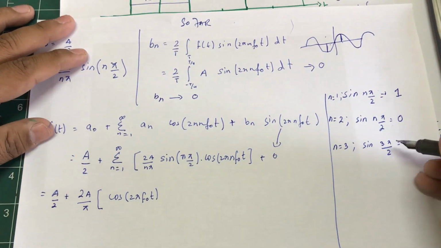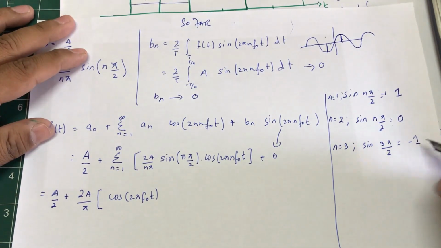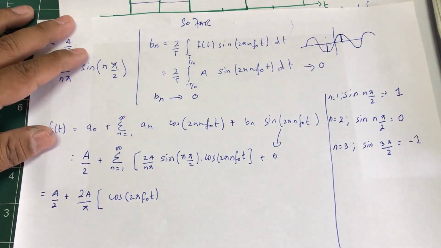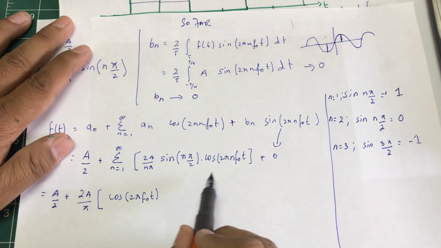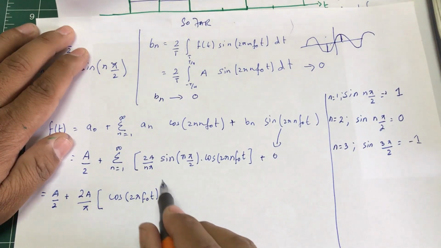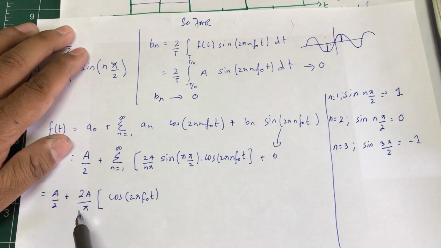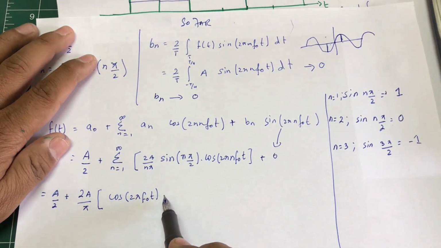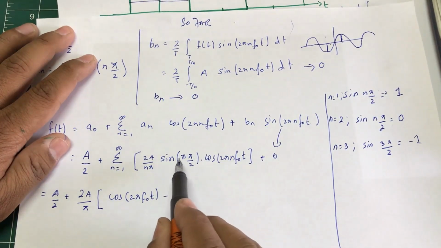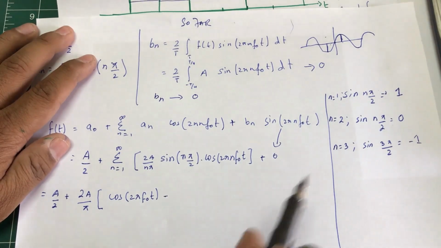Okay, so sine of 3 pi by 2 turns out to be -1. So now this whole thing turns out to be -1, isn't it? So now when I plug in, a is already out. In place of this, when I plug this value in, this would be minus, because this whole thing we just calculated turns out to be -1, isn't it?